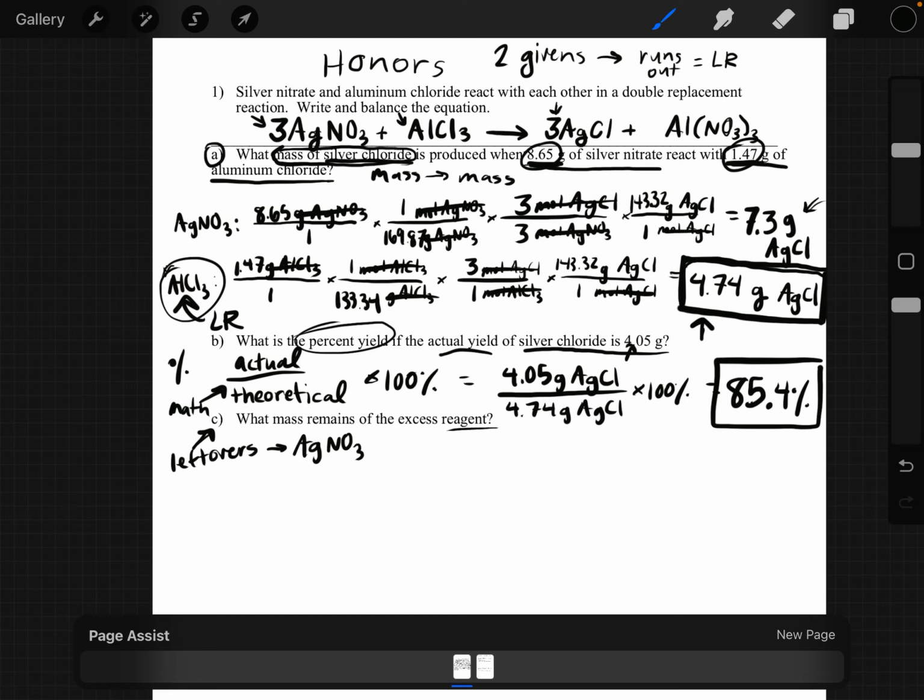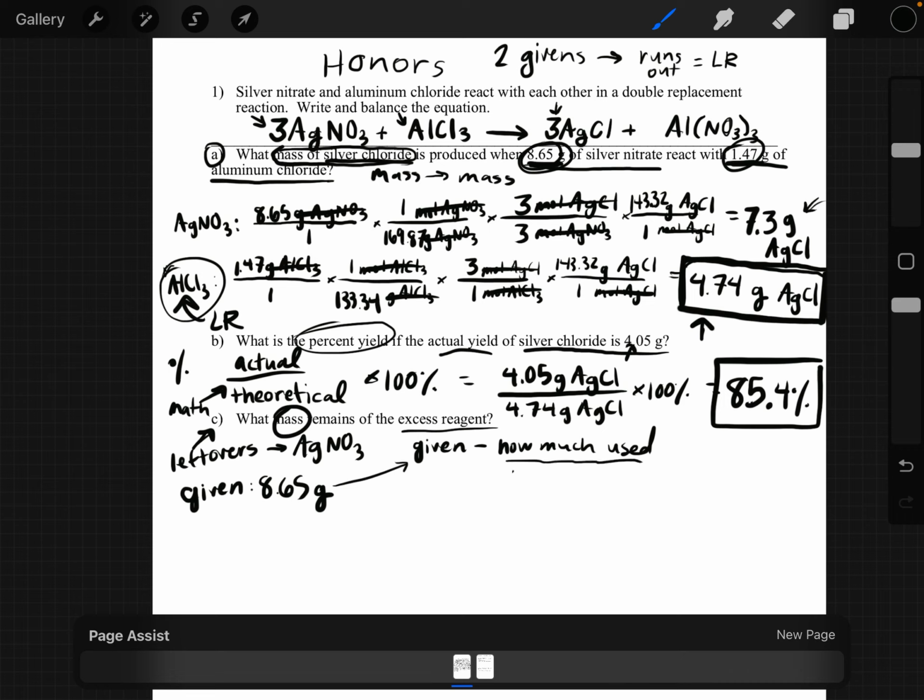So what you want to do when you have excess reagent remaining, you're going to want to do whatever your given of that guy was minus how much you used. And it's asking for mass, so we have to get it all to grams. So we are given here, we're going to end up using that 8.65 grams that we started with. We're going to use that in this calculation right there. But we need to figure out how much used.